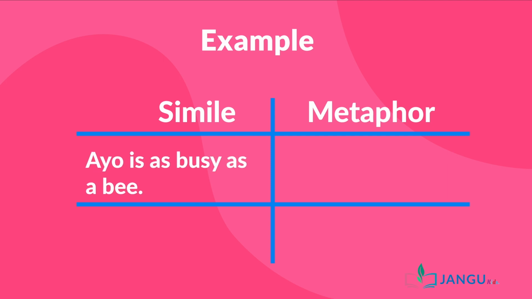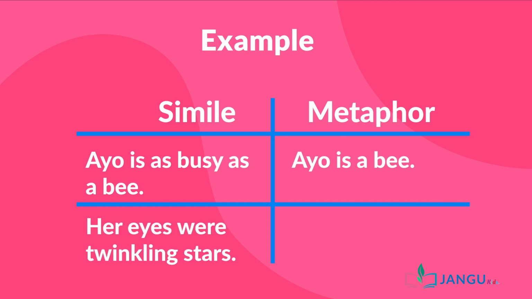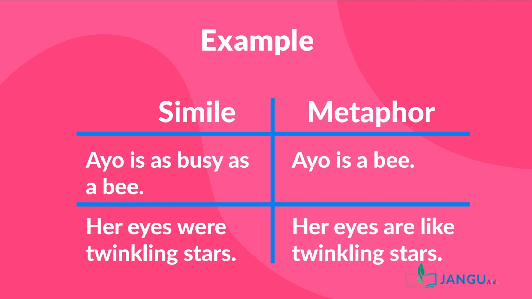This simile, Aya is as busy as a bee, can be changed into a metaphor that says Aya is a bee. Similarly, this metaphor, her eyes were twinkling stars, can be changed into a simile that says her eyes are like twinkling stars. Now, let me tell you the secret of doing this.